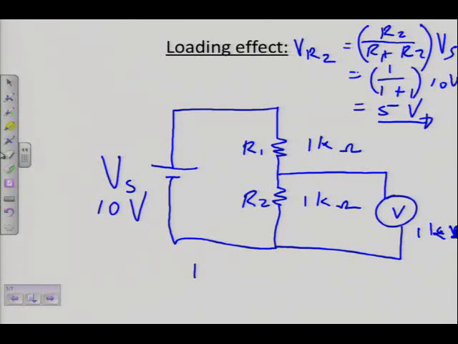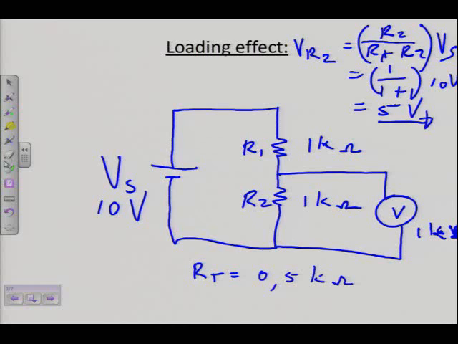What is the total resistance of two resistors in parallel of the same value? Half of that. You were also taught that in electrical engineering. So it's 500 ohms, but just to keep it simple for this specific explanation, let's make it 0.5 kilo ohms. 500 ohms. But I will normally express it in engineering notation, of course.